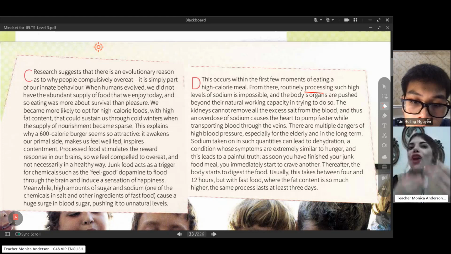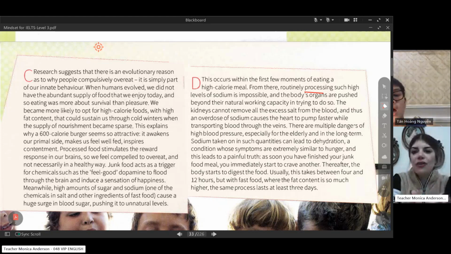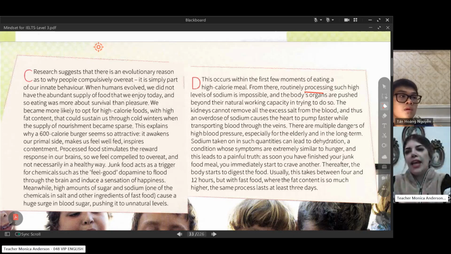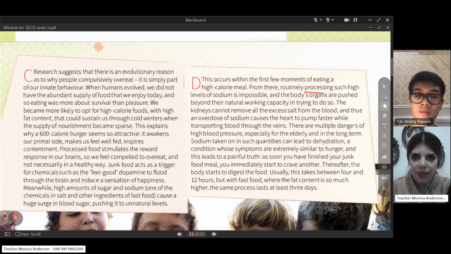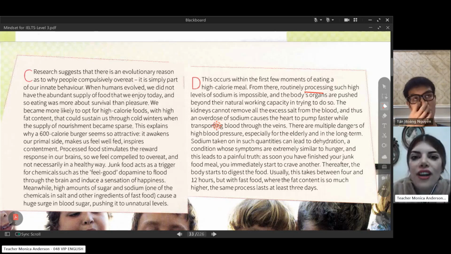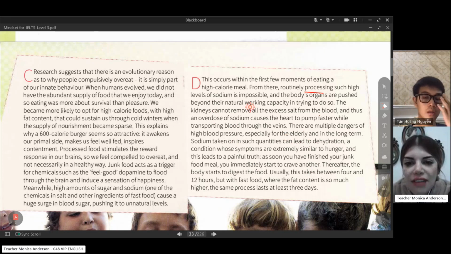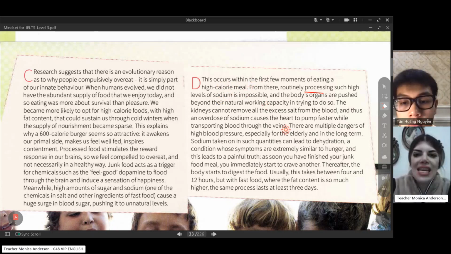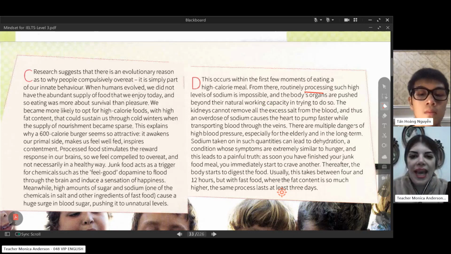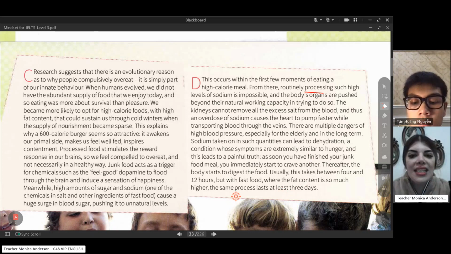So this is the process of digesting food. It means converting food into a different form so that our body can use it. As you can see, from the beginning, what happens to the food that we eat, to the end. So this is the process.